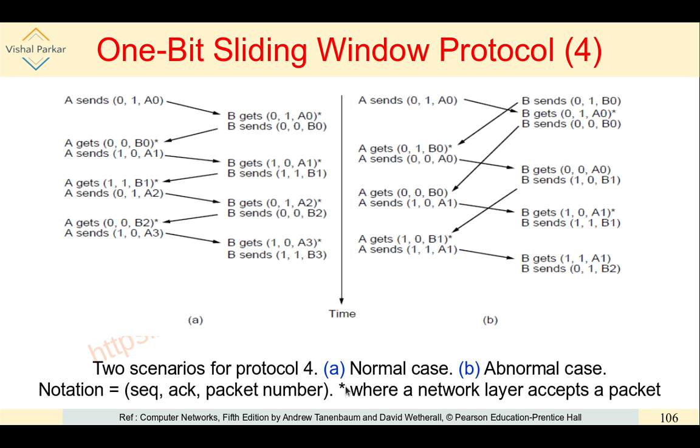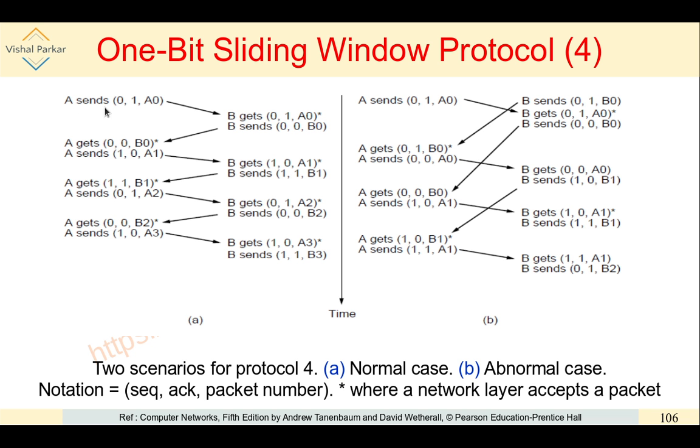And here the asterisk will indicate where a network layer accepts a packet. Where there is asterisk, there only the network layer is given the packet. Otherwise, the frame will be discarded.